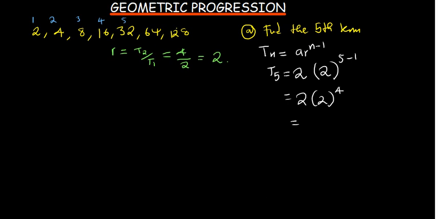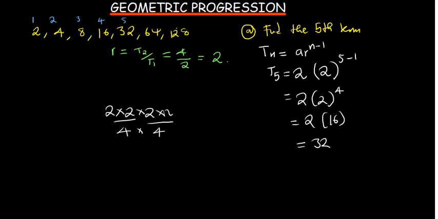Now 2 to the power 4 means 2 times 2 times 2 times 2. 2 times 2 is 4, and 2 times 2 is also 4. 4 times 4 is 16. So this is going to be 2 times 16, and we know that 2 times 16 is 32. We can even confirm this is the value which is here.